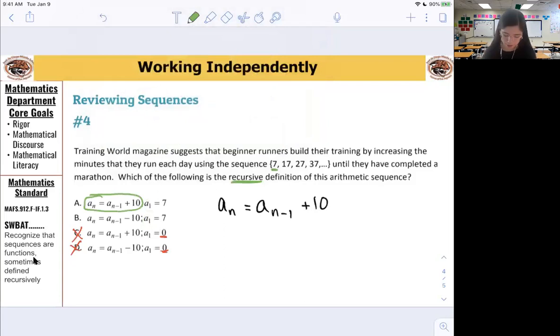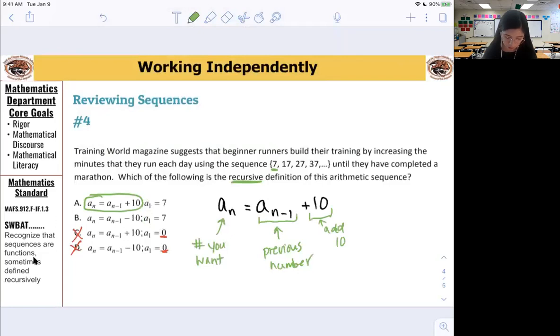The rule is saying take whatever number you want, whatever you're looking for, it's going to equal the number before. So A of n minus 1 means the previous number. You're going to take the previous number and add 10 to it.